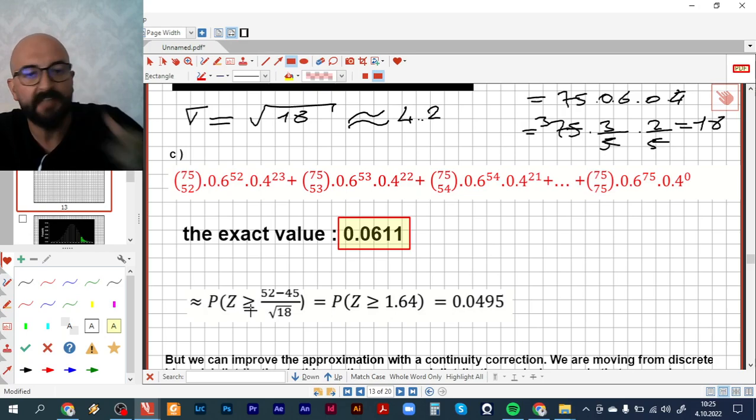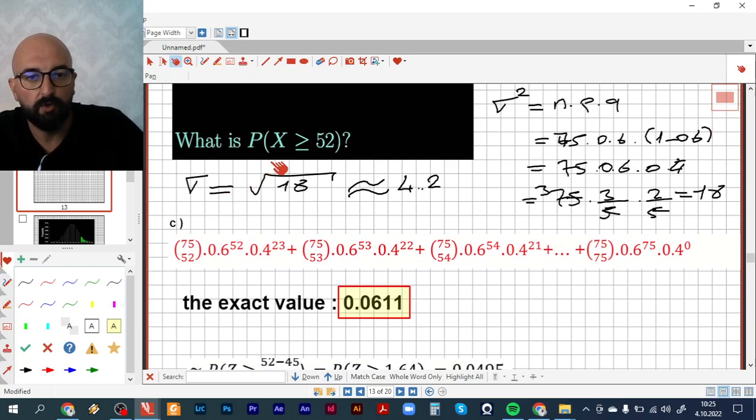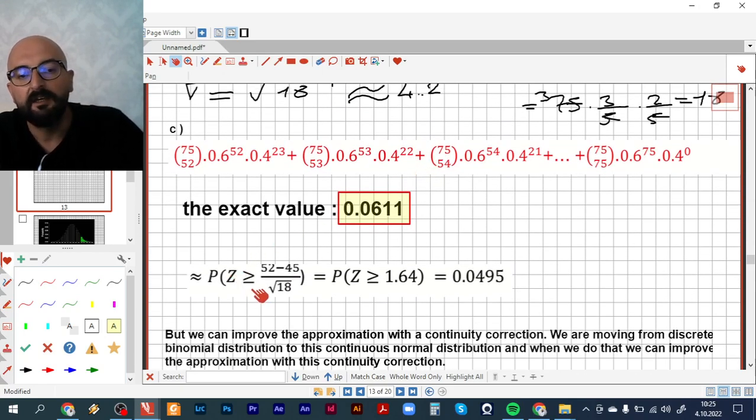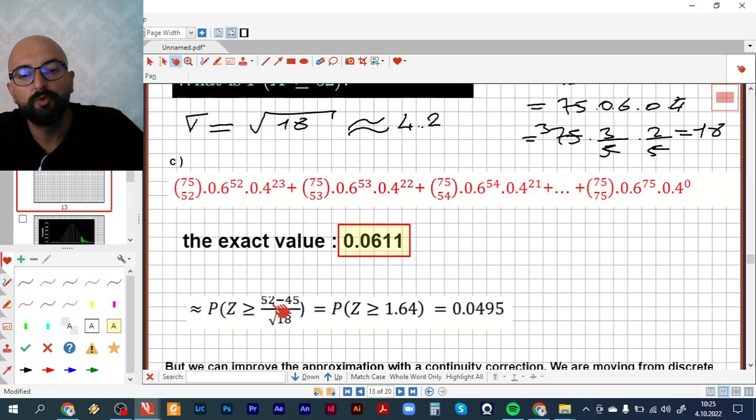z is greater than or equal to 52, because you want x greater than or equal to 52, and z equals 52 minus mu over the standard deviation.